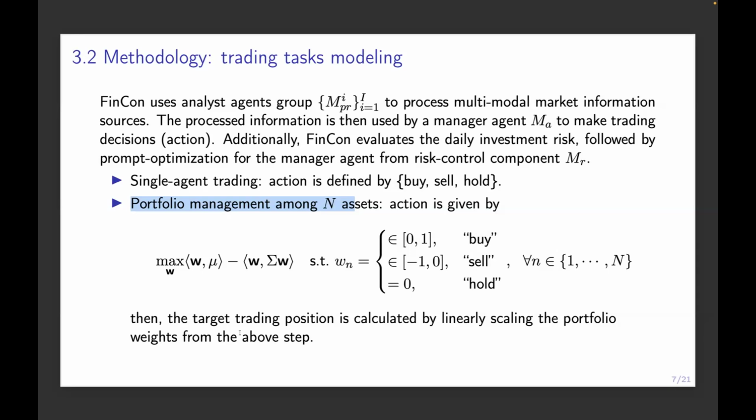Then the targeted trading position is calculated by linear scaling of the portfolio weights gathered from these steps. So we can see that for portfolio management tasks, the action is decided by the optimization solver results and also the manager agent decisions. That's the rough mechanism for the FinCon actions.